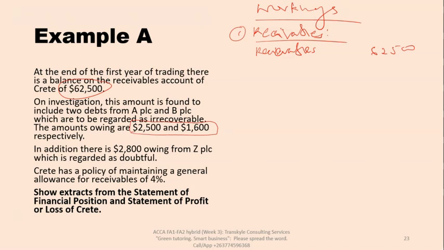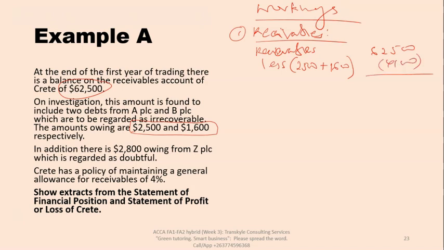So you can just say less 2,500 and 1,600, which gives us 4,100.